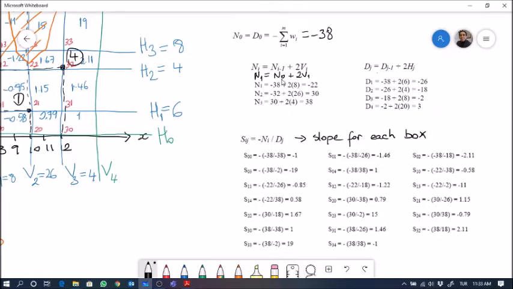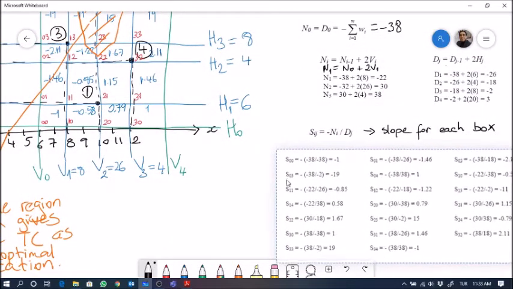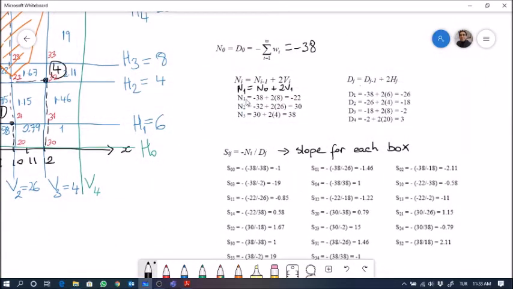Do we know the value for N0? Yes, this is minus 38. Do we know the value for V1? Yes, we know the value for V1, which is 8. So we need to calculate the value for N1, which is minus 38 plus 2 times 8, which is equal to minus 22.